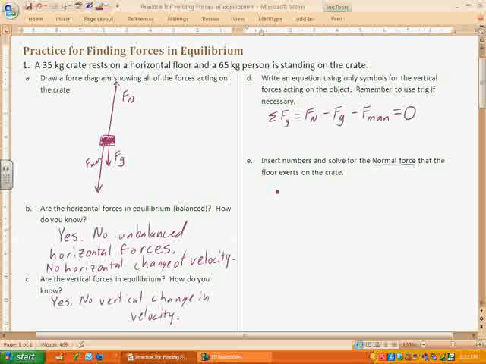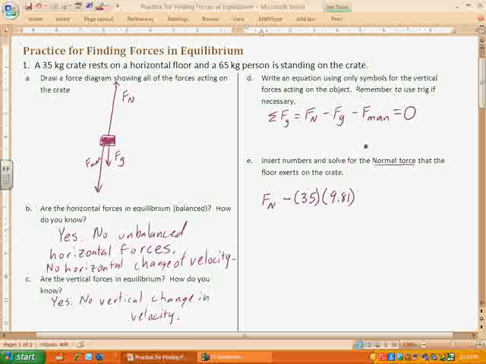Okay? We're looking for the normal force, so we know that that's going to be our unknown. The force of gravity on the object we know is going to be 35 times negative 9.81. So let's go normal force minus 35 times 9.81, okay, minus the force of the man. Now some of you realize that the man is pushing down because gravity's pulling down on him.